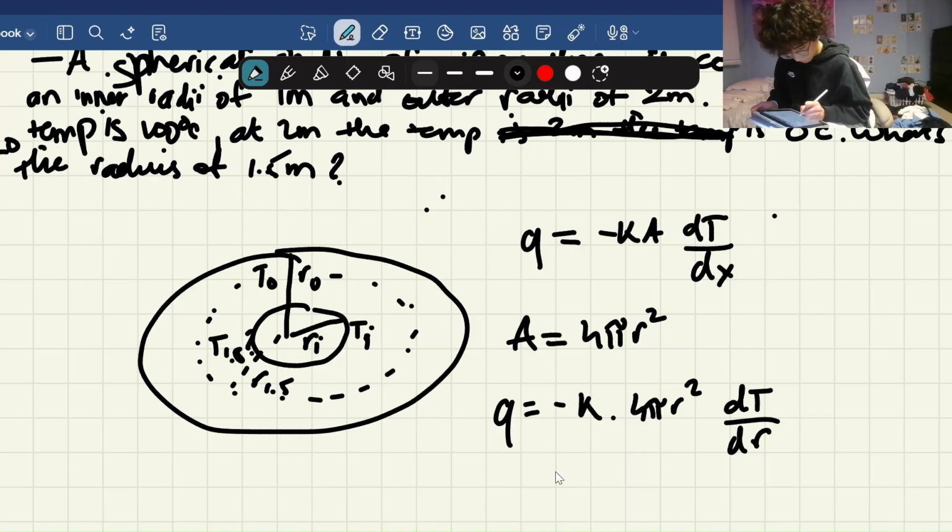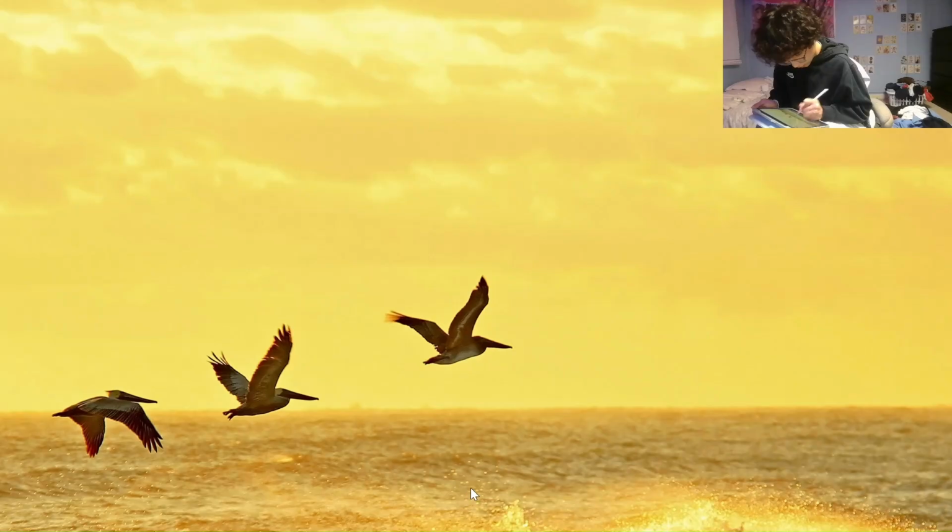Q is a constant, so we're gonna separate temperature and radius.